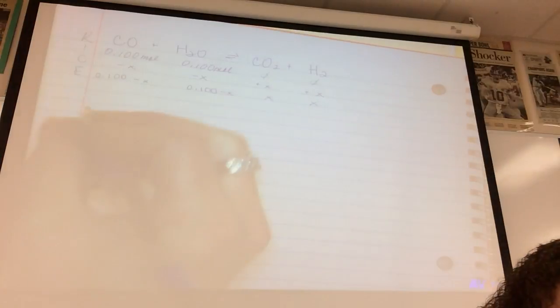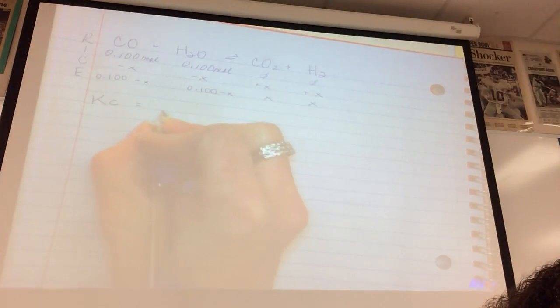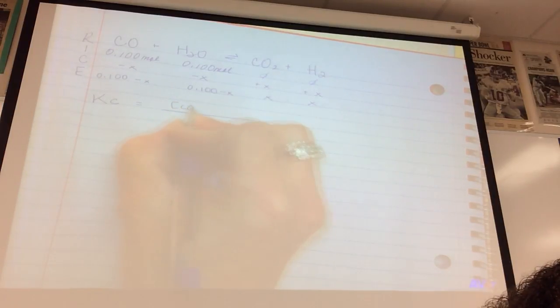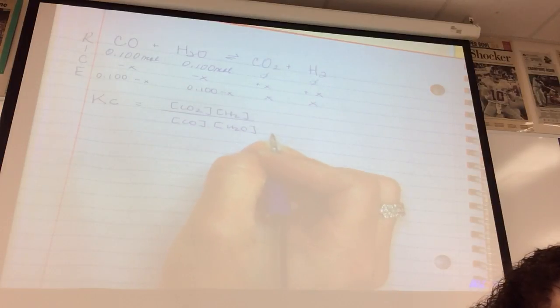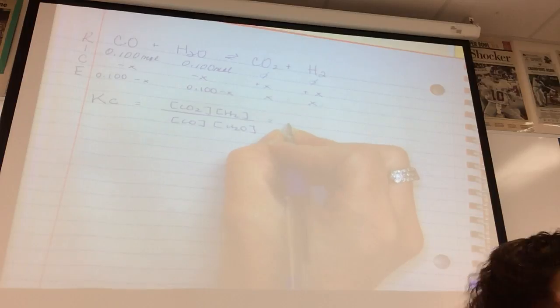E equals I plus C. Okay. What's my KC expression? 23.2. No, not what it's equal to. What's the expression? CO2, H2, over CO, H2O. And we do know that that is equal to 23.2.